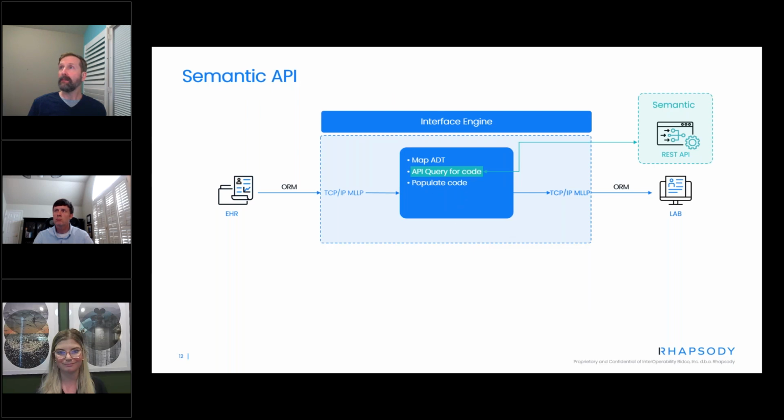Go ahead, Dan. So this is a very similar diagram. Very little has changed, but we wanted to talk about semantics. Where we talked about this NPI registry being our one source of truth for the provider NPI, a semantic layer or semantic capability in your environment has to do with terminology and codes.